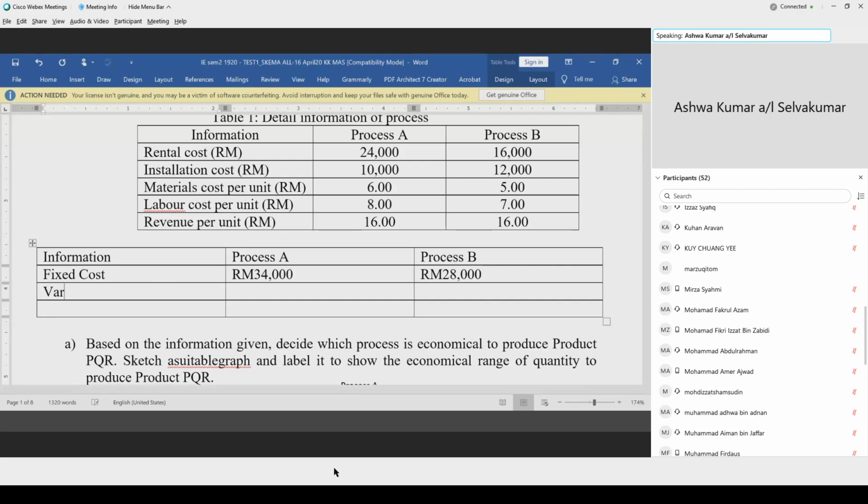Now you have to calculate the variable cost. What is the total variable cost?